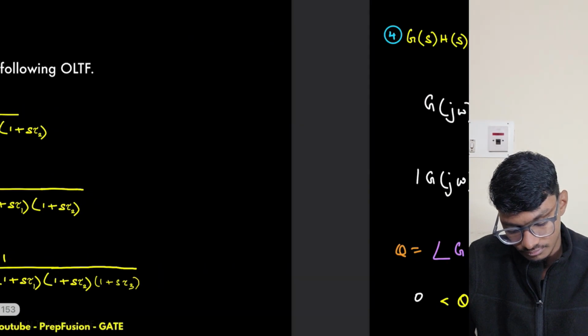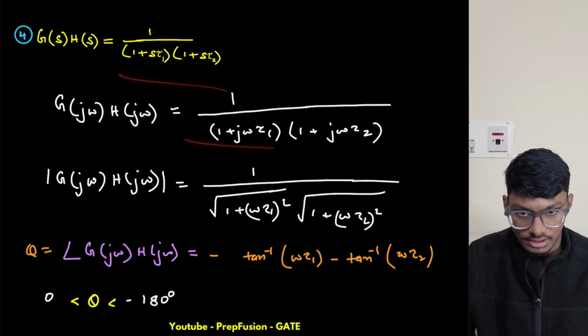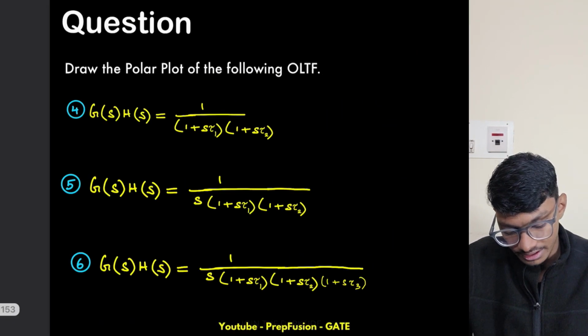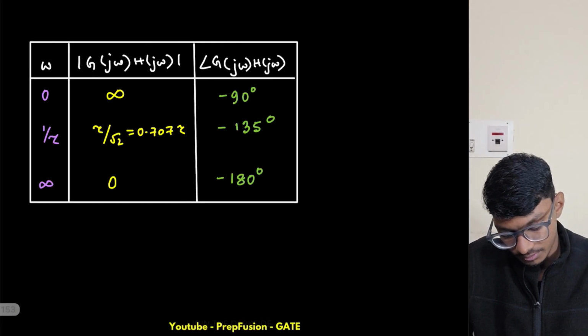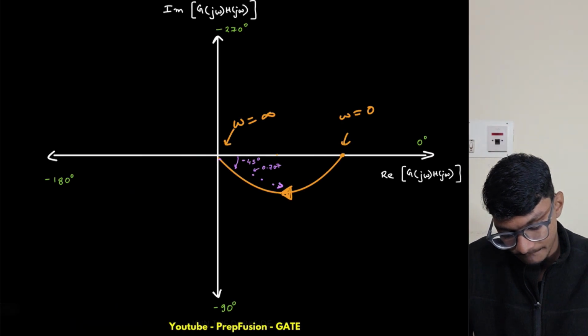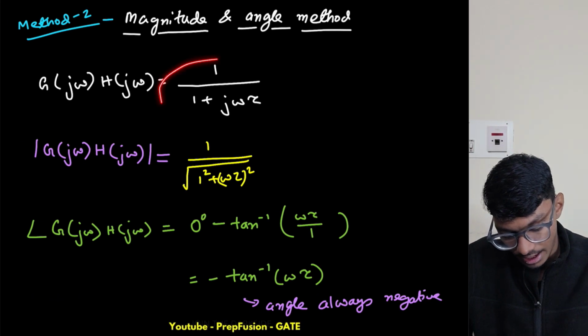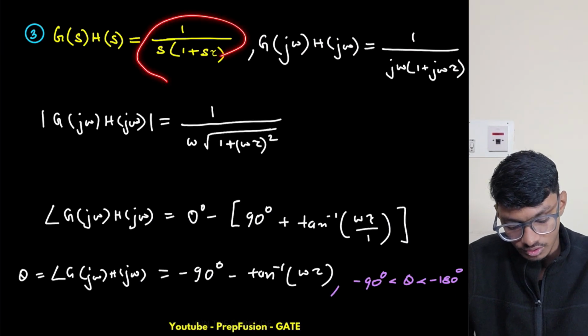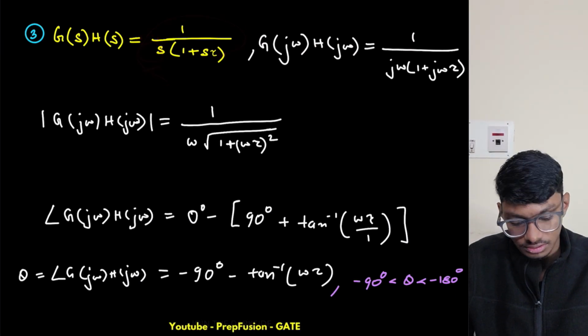Here both poles are at the real axis itself. But in the previous example, I had simply a pole at the real axis. Now what did I do? I added a pole at the origin. This is the pole at the origin. Like s equals 0 is a pole, and this is at the origin.